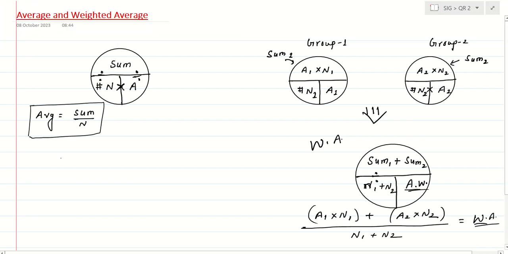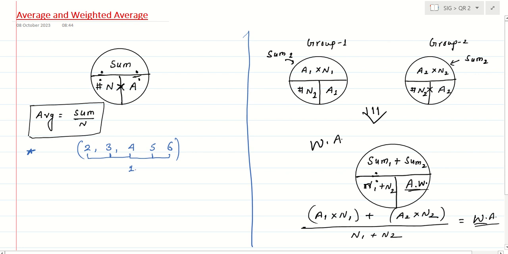If the terms are in arithmetic progression, let's take an example. Given terms 2, 3, 4, 5, 6. The number of elements is of course 5, and we can see there is a common difference, 1, which is constant.